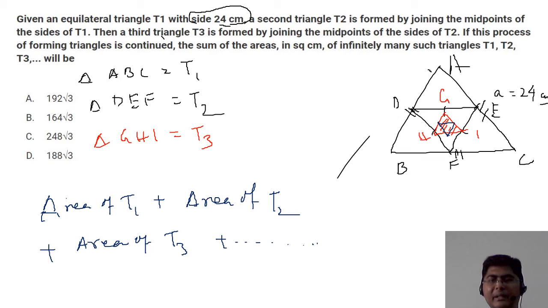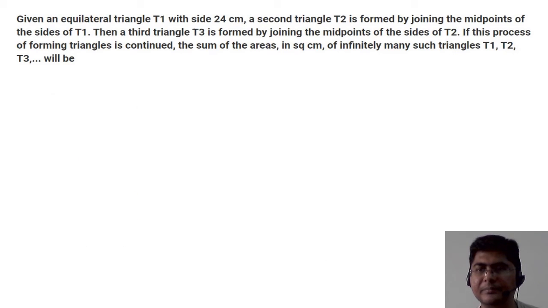So infinitely this process will continue and we have to find out the area of all such triangles, right? Okay, now let us understand what are the core concepts to be used.